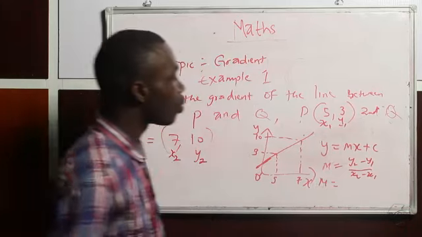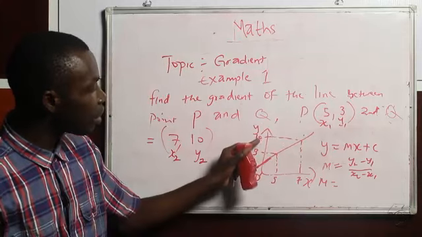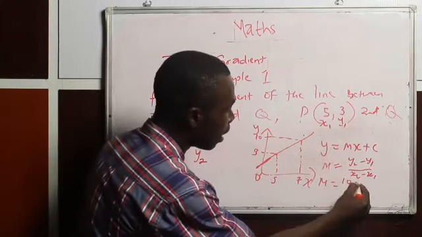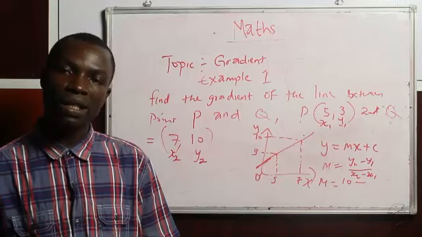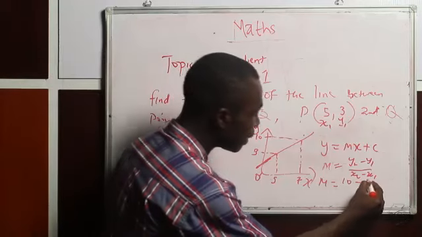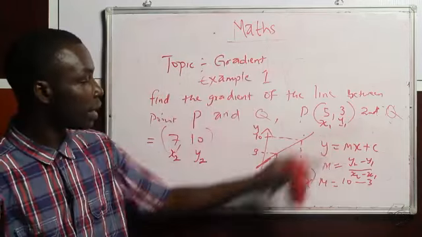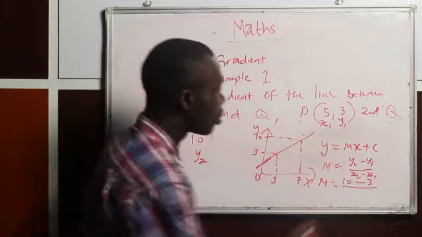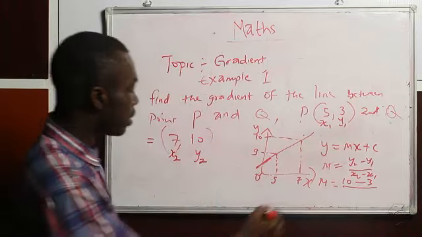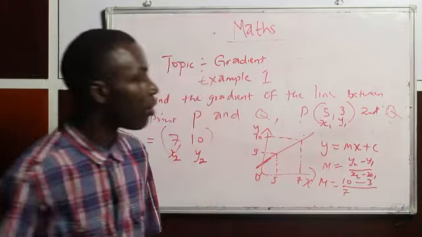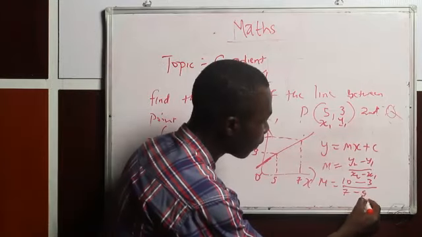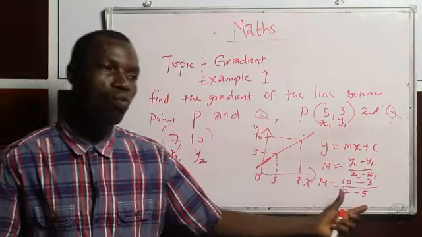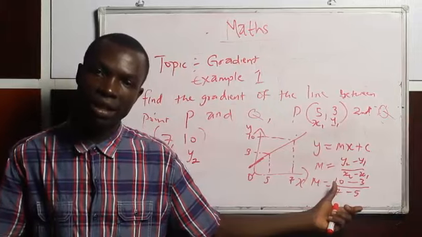m is equal to, what is our y2 from the graph? We have 10 minus, what is our y1? Our y1 is 3, which I've shown here. Then what is our x2? Our x2 is 7 and our x1 is 5. So this is how we find the gradient on a straight line.